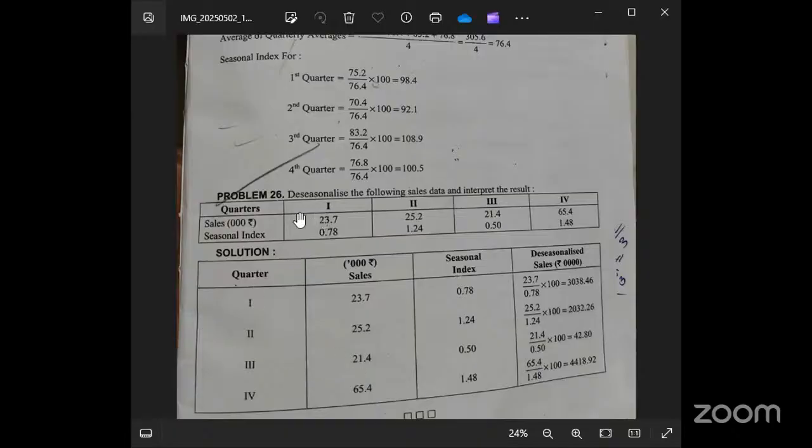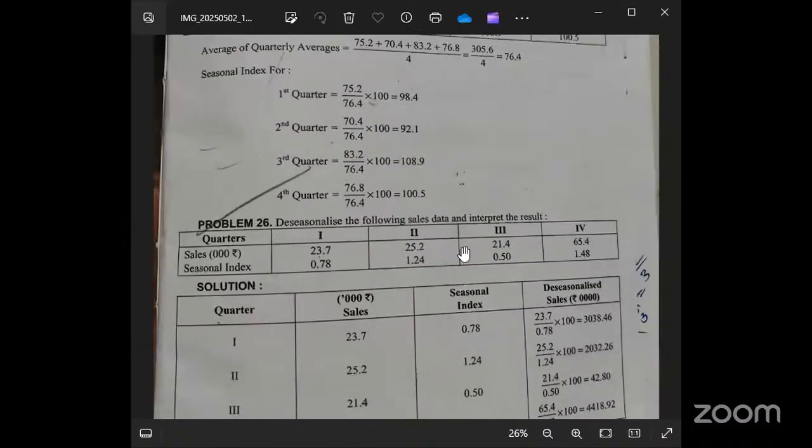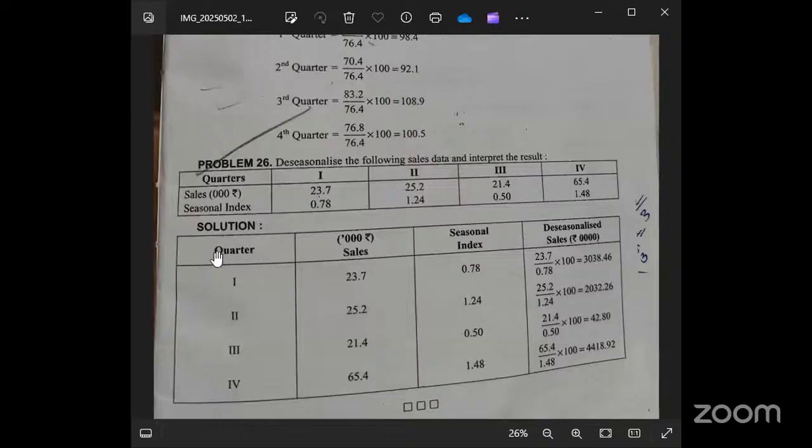Here in the question itself they have given us sales and even the seasonal index. The 4 quarters are given, mentioned horizontally: quarter, sales, seasonal index, and deseasonalized sales.